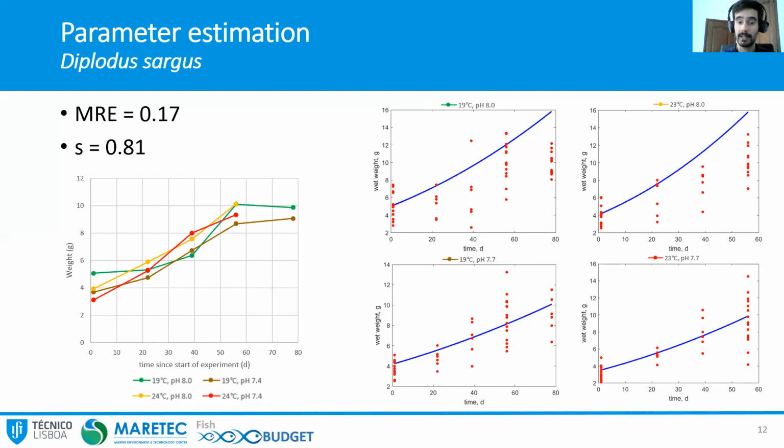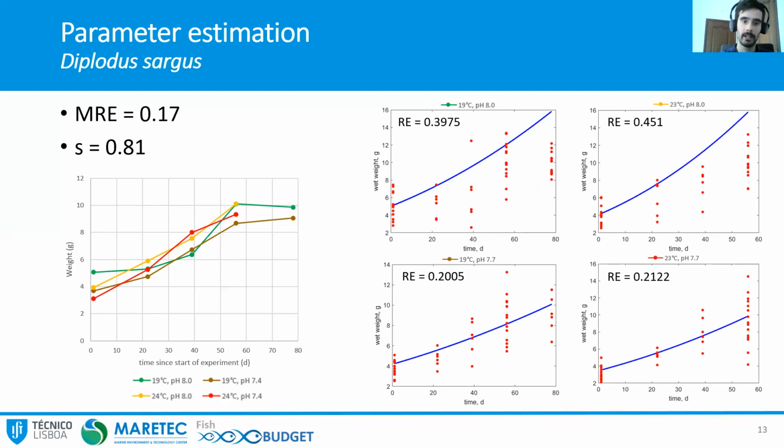Because by looking at how the curves fit differently, the cases with higher pH, where there's no stress factor, on the top, compared with the cases with lower pH on the bottom, we can clearly see the fit is much better on the bottom. And I included the relative errors here, so you could see better how the fit is much better on the bottom category.